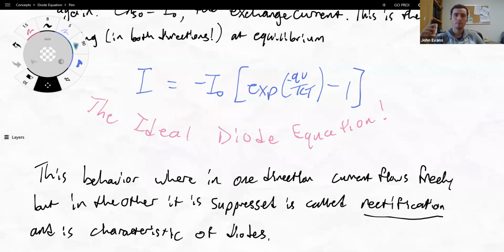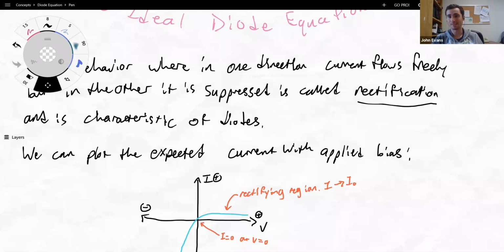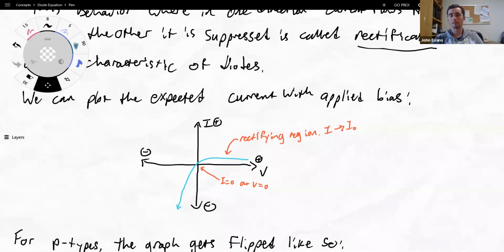But the other way, we can apply a pretty high voltage and get almost no current, right? Because remember, we're getting to that upper bound of the exchange current density. So that's called rectification. And that is characteristic of a diode. That's what a diode does, is it stops current from going in one direction and allows current to go in the other. So we can plot this ideal diode equation with, say, an N-type semiconductor.